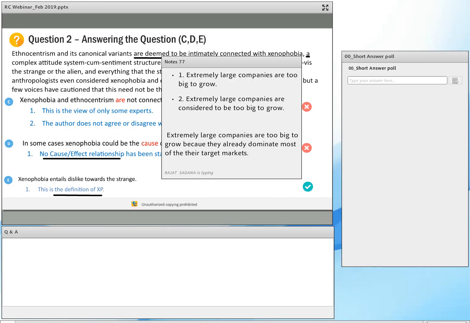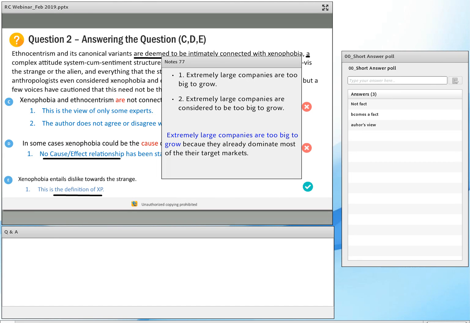So if you see this statement, extremely large companies are too big to grow because they already dominate most of their target markets, then what happens to this statement? What happens to the portion in blue? It's a judgment. It becomes a claim. It's no longer a fact. Okay, it's still an author's view, but it's a judgment.